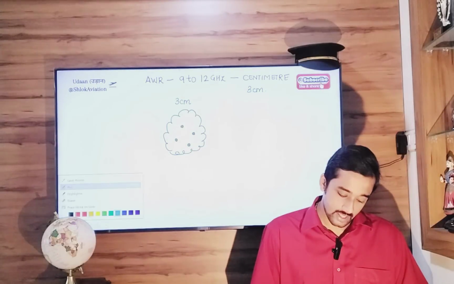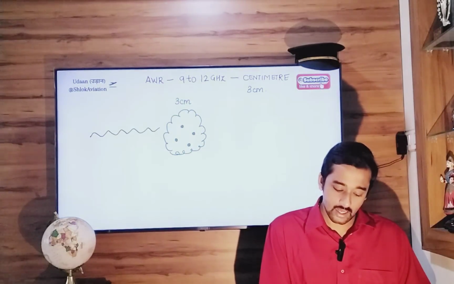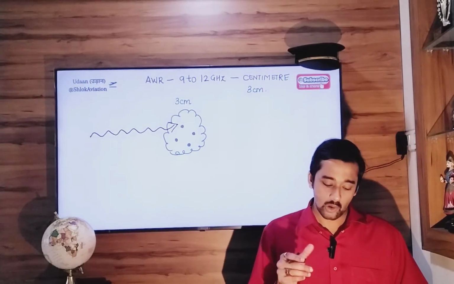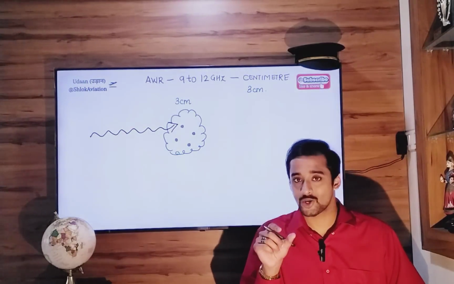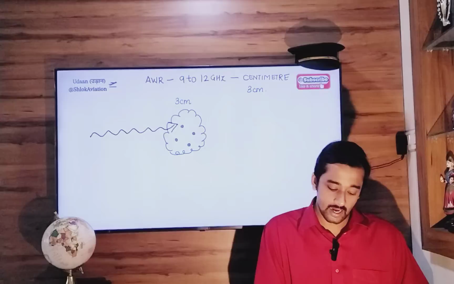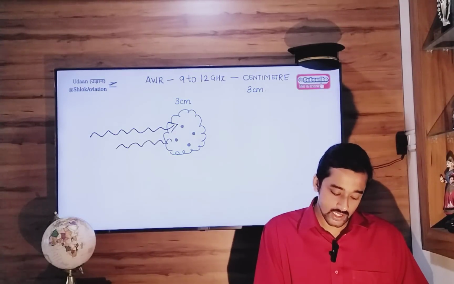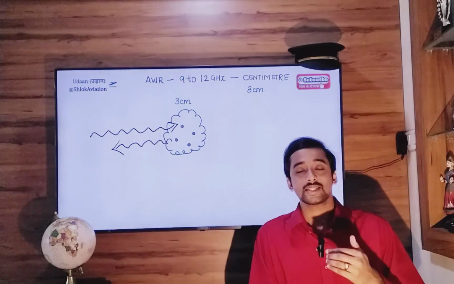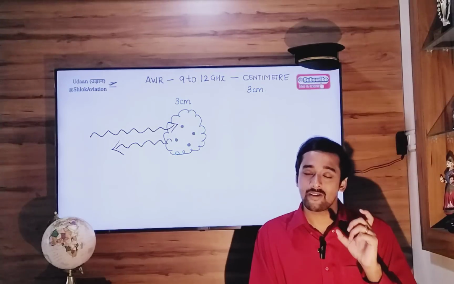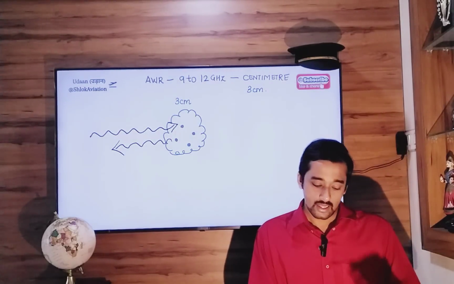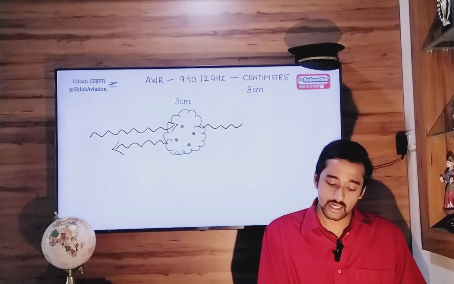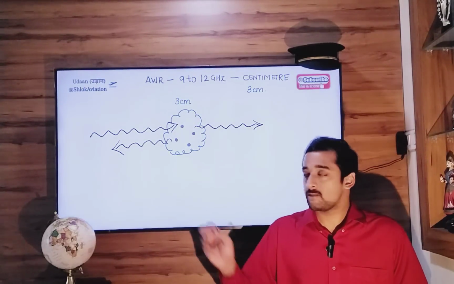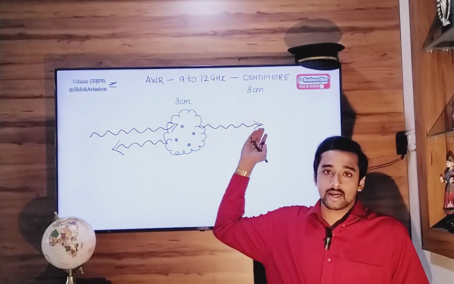Now, when the wavelength of your radar signal is approximately equal to the size of the water droplet in the cloud, the radar signal will get reflected. If the size of the water droplets is very much less than the wavelength of the radio signal, then the signal will penetrate the cloud and go beyond that cloud.